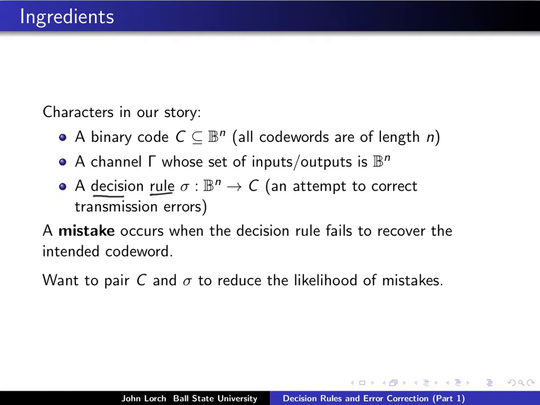Now, a mistake occurs when the decision rule fails to recover the intended code word. So that is the thing that we most want to avoid. So the idea is to pair our code C and our decision rule sigma in such a way that the likelihood of mistakes is reduced.